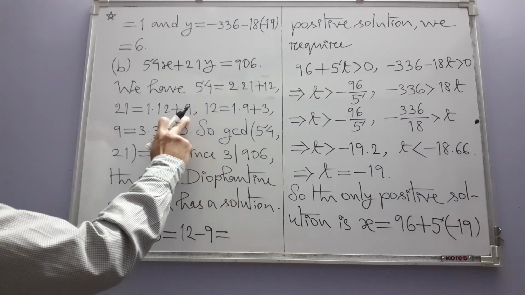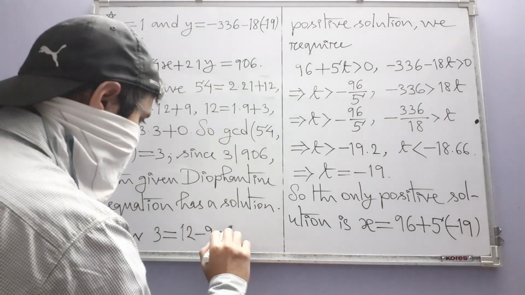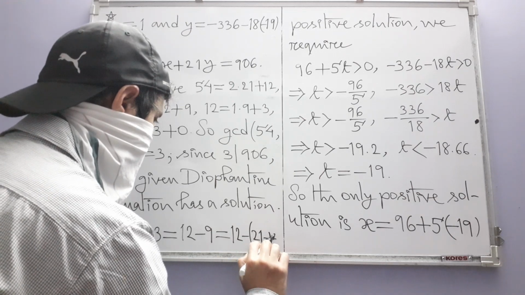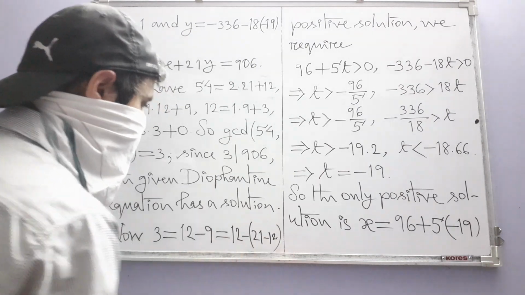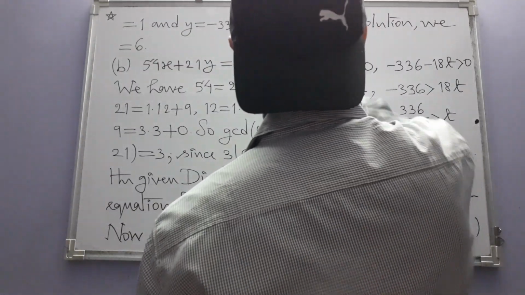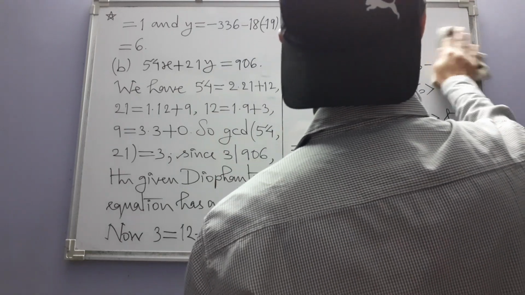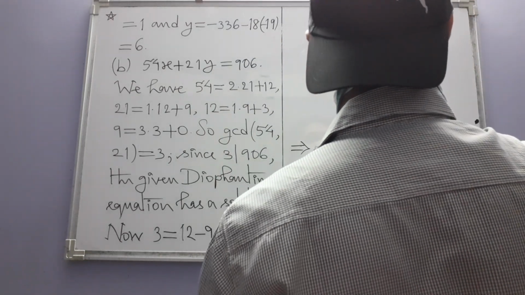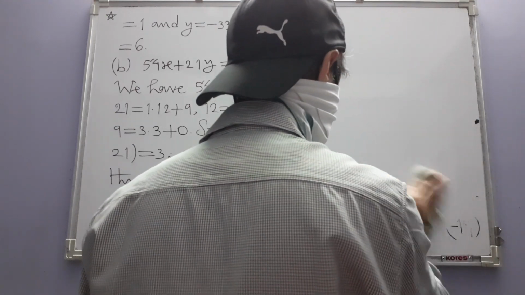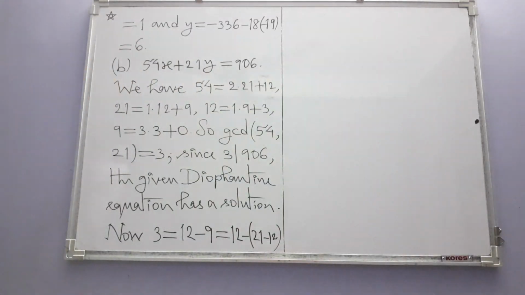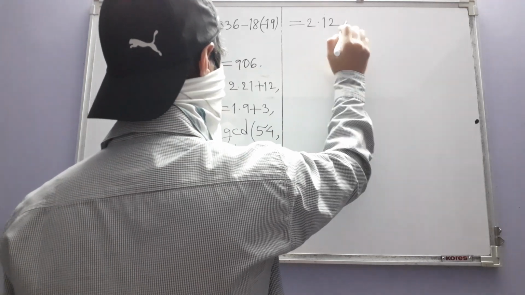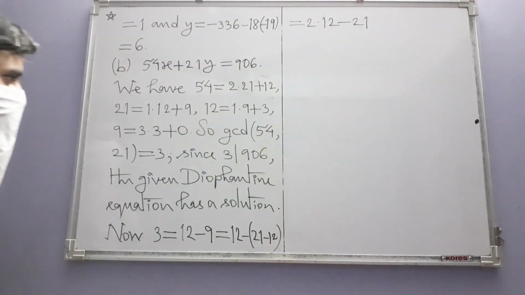Then we replace 9 with 21 minus 12. So 12 minus 21 minus 12. That means we will get 2 12s and 1 minus 21.